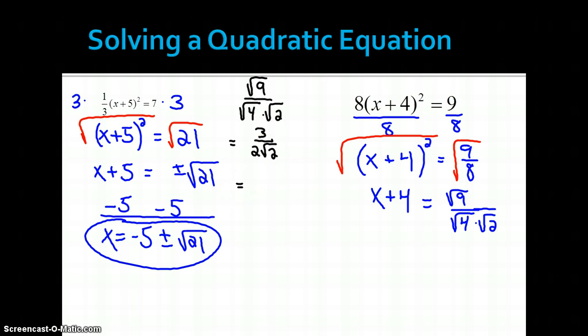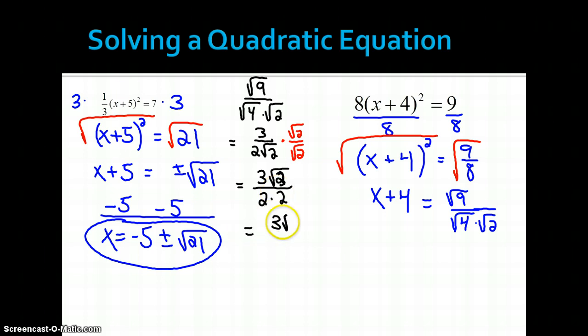As we learned in class today, we cannot have a radical in the denominator, so we would need to multiply the top and the bottom by the square root of 2 over the square root of 2. That makes the numerator 3 roots of 2 over. I have 2 times square root of 2 times the square root of 2 is 2.